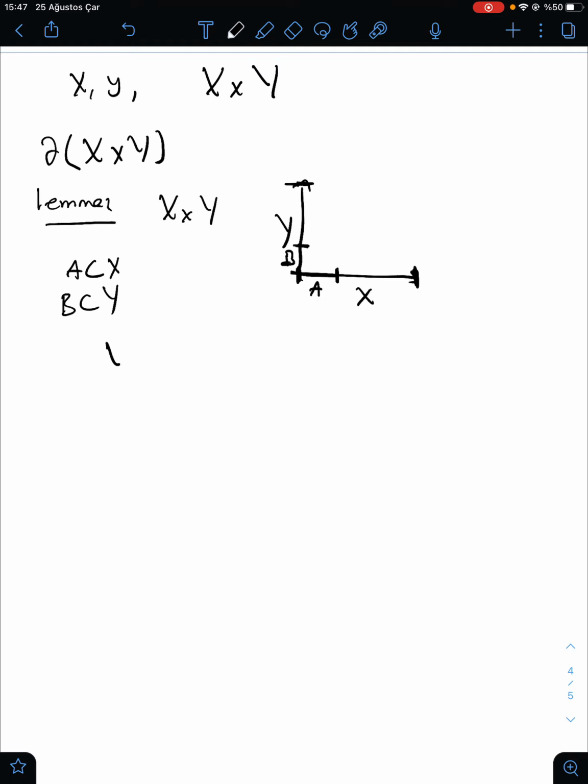So what happens if you take out A Cartesian product B from X and Y?